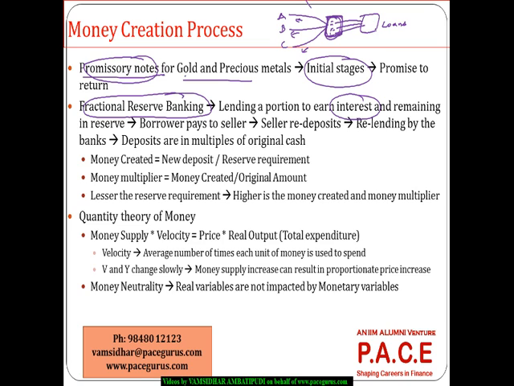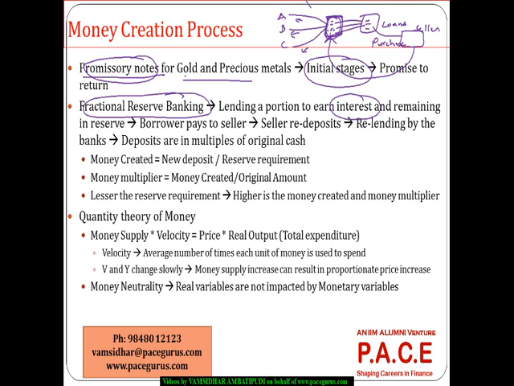So people have taken the loans, and the borrowers use this loan to make purchases, for consumption or any other kind of purchase. Which means the seller received this loan amount. Now the seller can again bring the money into the bank. So it is a redepositing.